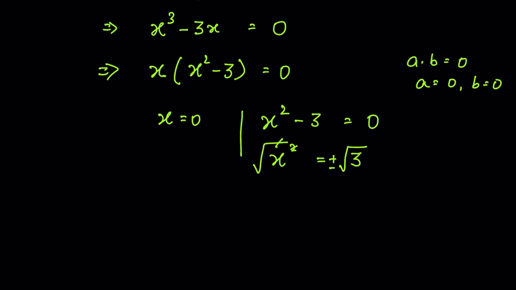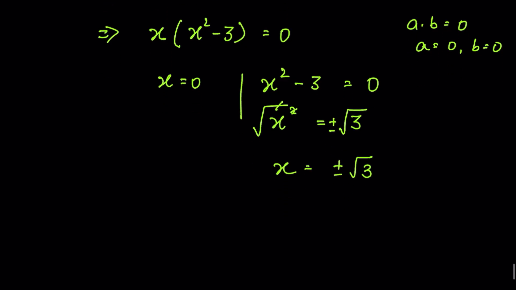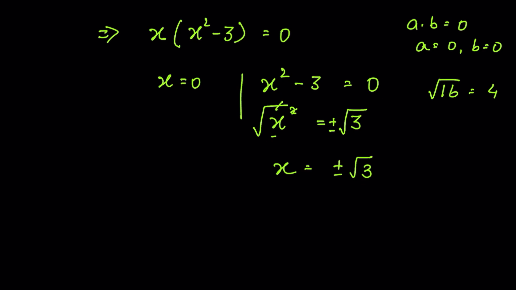We remove the square root with the square, so x equals plus minus square root of 3. Now whenever we have to find the square root of a number, for example square root of 16, it is equal to 4 and not plus minus 4. But whenever we have to find the value of x, a variable, in a quadratic equation, then it is either plus or minus square root of 3.